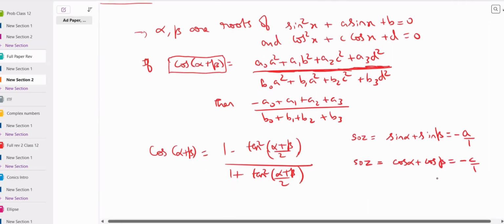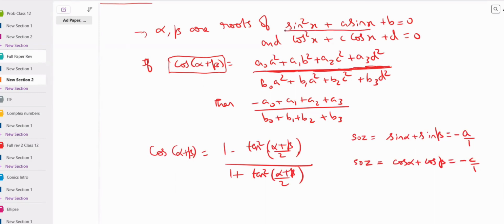Why is it sin α + sin β? Alpha and beta are the roots of the equation, meaning the values of x. You can see this is a quadratic in sin x.